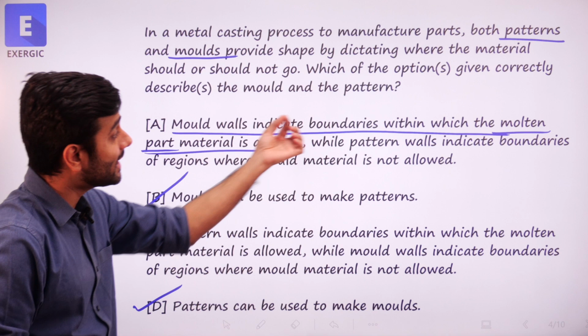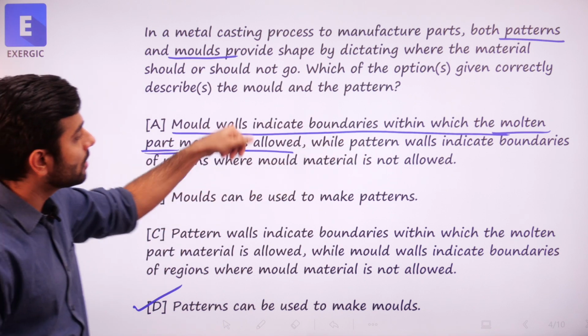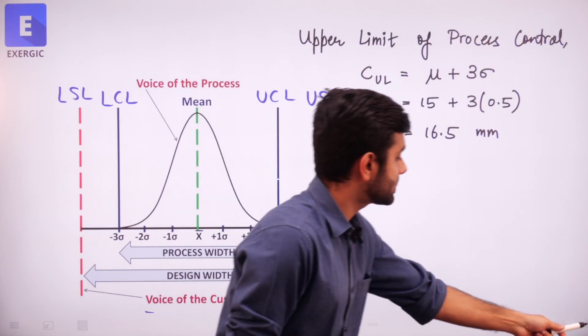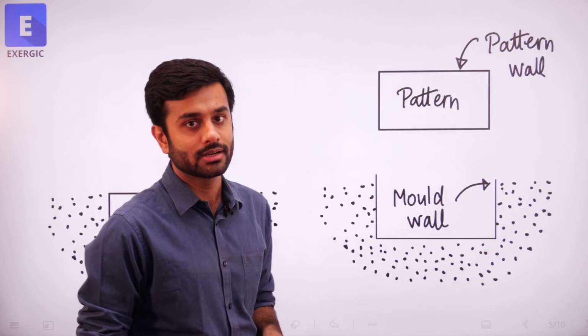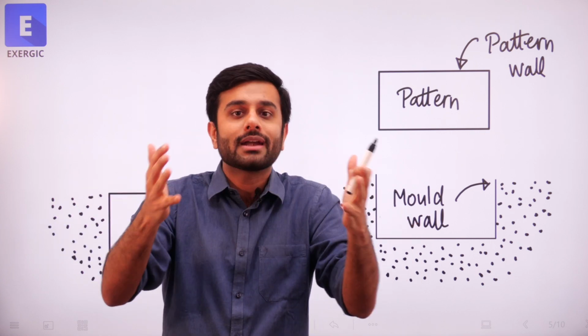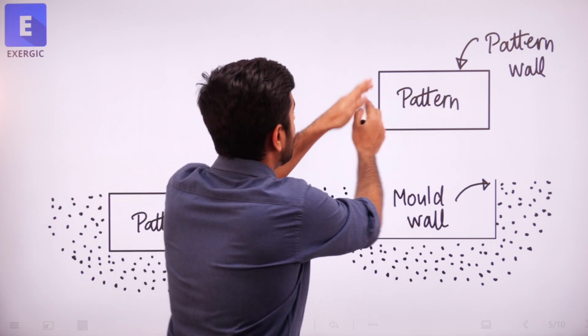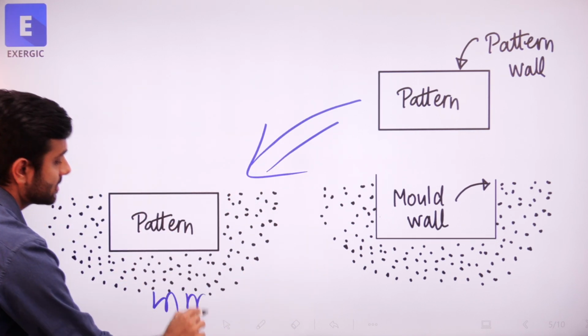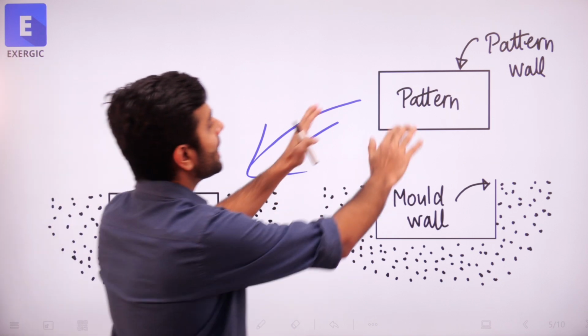The second half is, while pattern wall indicates the boundary where mold material is not allowed. That also is correct. How? This is the pattern wall, correct? What do you do? You are pouring the mold material over the pattern wall. So when you pour mold material over this pattern wall, this is what you get, right? This is the mold material. This is the mold material. So what is the pattern wall representing?